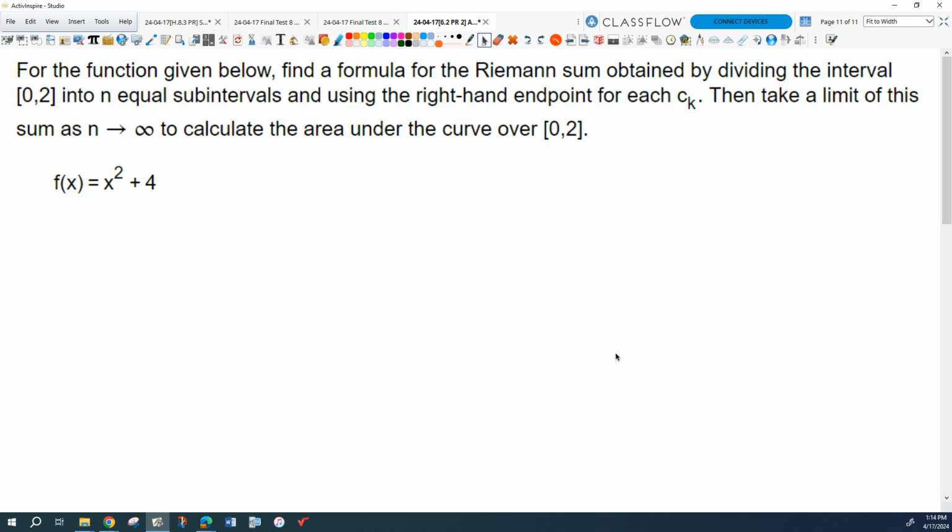They call it C sub k. That's not what we call it. We call it x sub i, exactly. Then take a limit as n approaches infinity to find the actual area, right?